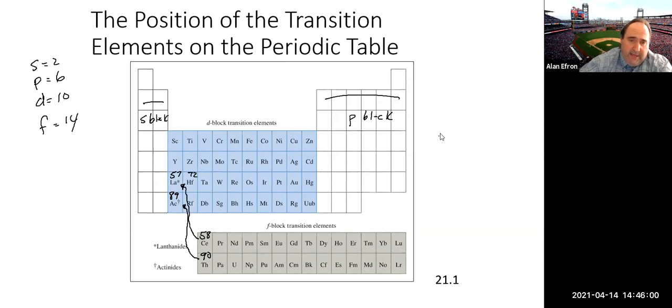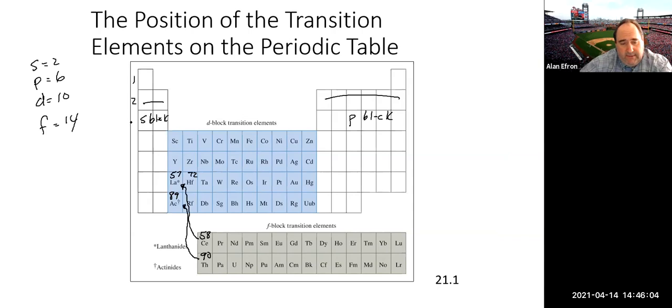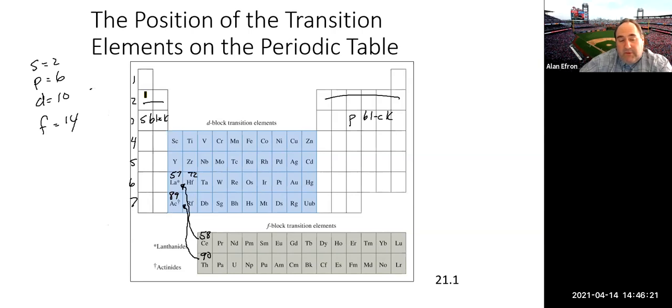And if you know what you're doing, that is periods 1, 2, 3, 4, 5, 6, and 7. The period number is the n number, your principal quantum number, and you can actually just count off electron configuration. S has 2 electrons, so that is 1 and 2.